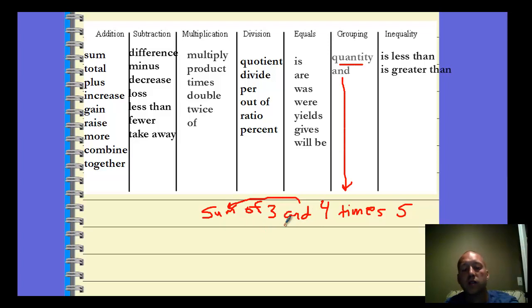So "and" tells me two things: where I am actually adding, and that I have to do this summation, then times 5. Because what I actually want to multiply is the "and," the connection of these two, times 5.